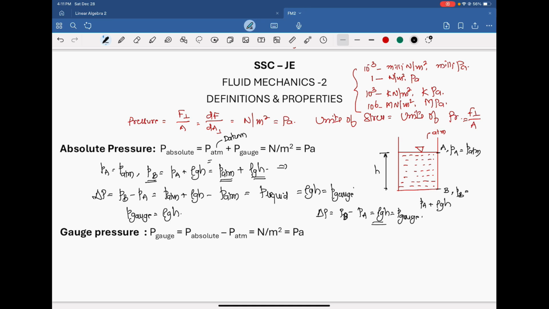The general value is taken as 101.325 and it ranges as per the latitude of the location. That means P atmosphere is the datum depending on the place. This can also be in general notation 101.325 kPa.